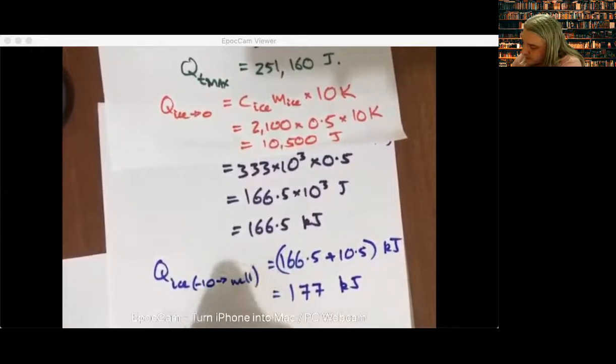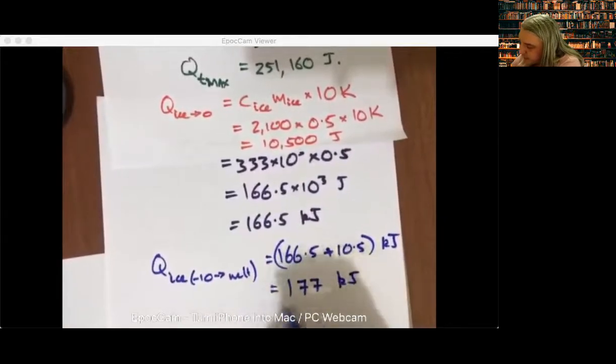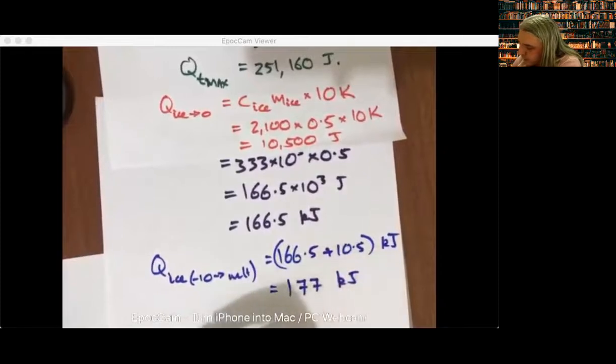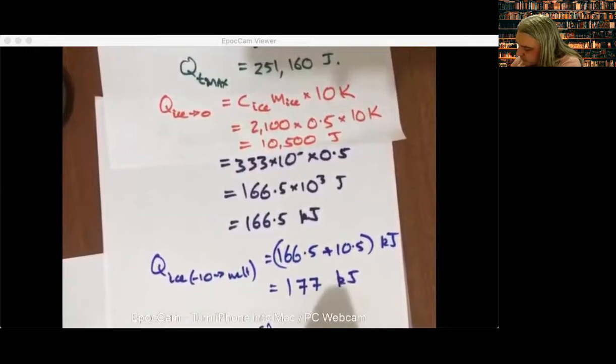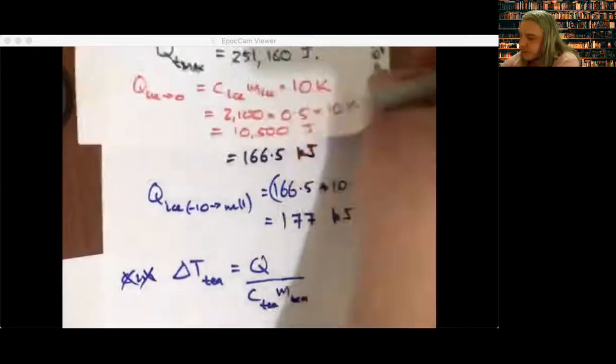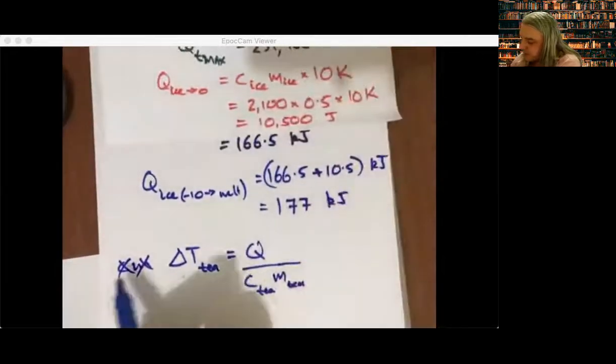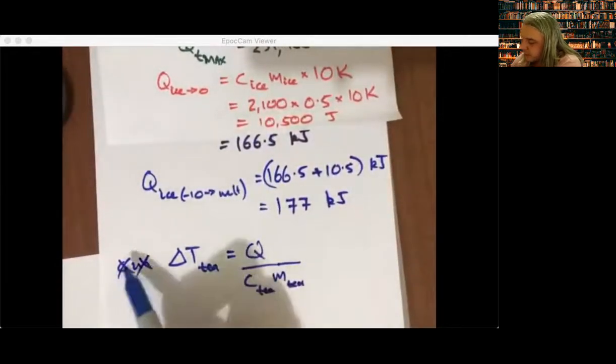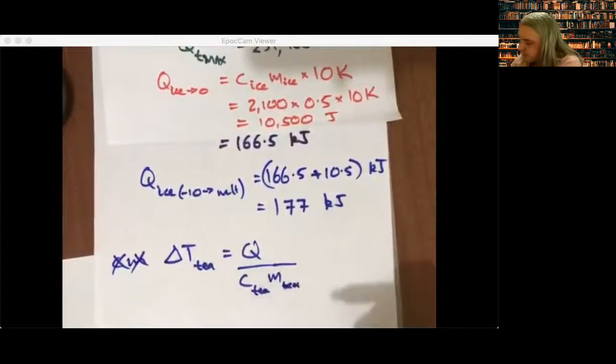So the change in temperature for the tea at this point is going to be, if we rearrange our formula, which said cmΔT equals Q, we're going to divide by c and m. Sorry, I did that off camera, but we're just rearranging that formula, cmΔT equal to Q, and dividing both sides by c and m.